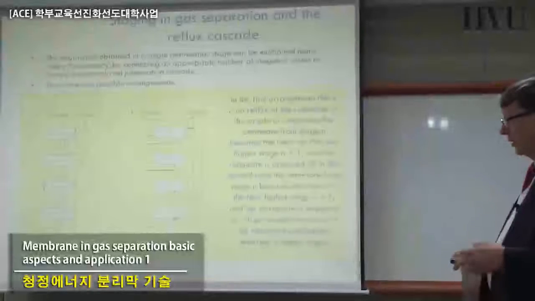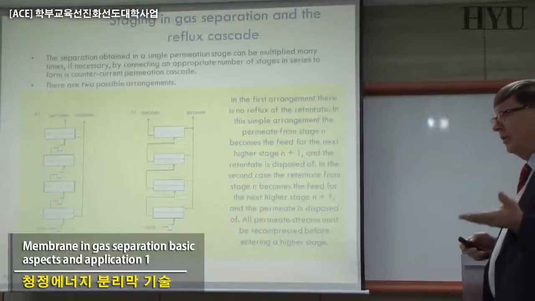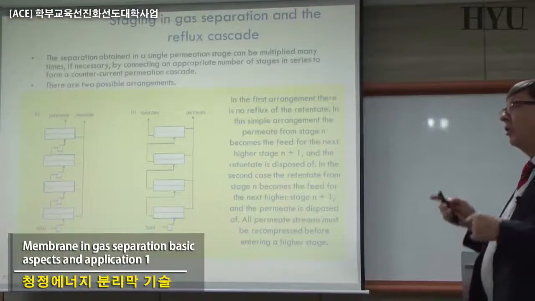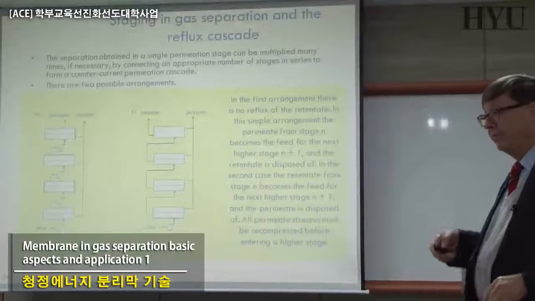The two differences are quite important because that's a different way to increase the concentration of some component in the permeate or in the concentrate. And that makes a lot of difference at the end.